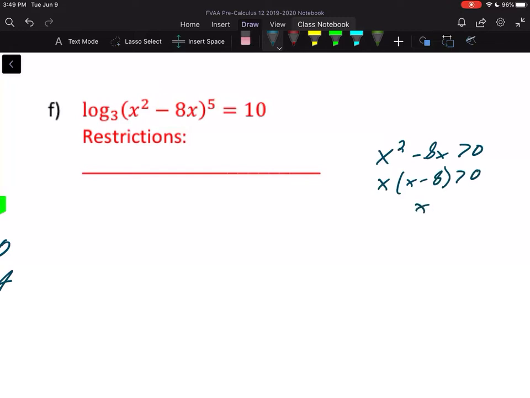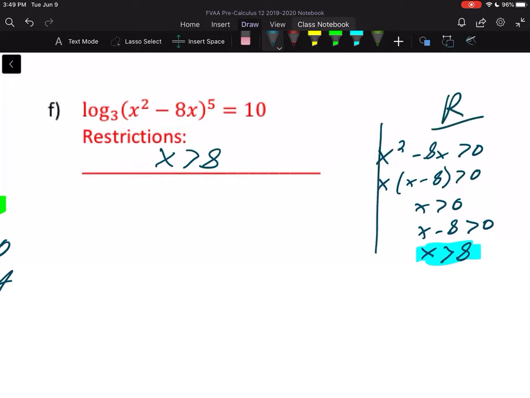So I have x must be greater than 0, and x minus 8 must be greater than 0, so x must be greater than 8. So again, which is the most restrictive restriction here? It's obviously x must be greater than 8. So x must be greater than 8 is my restriction. Okay, that's my restriction work there.